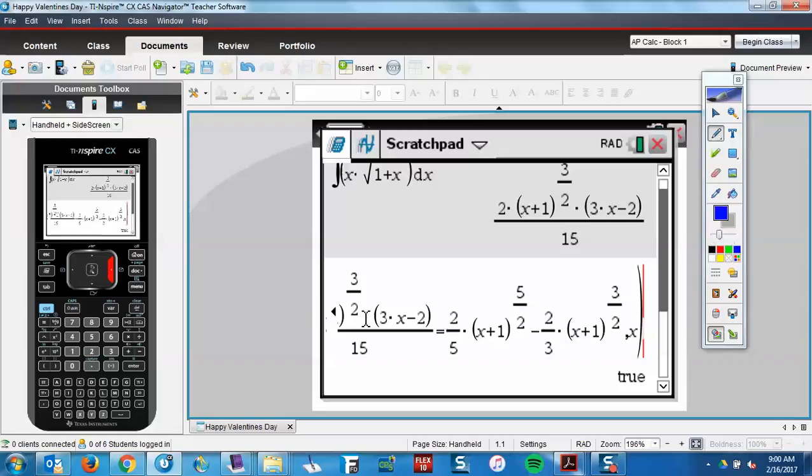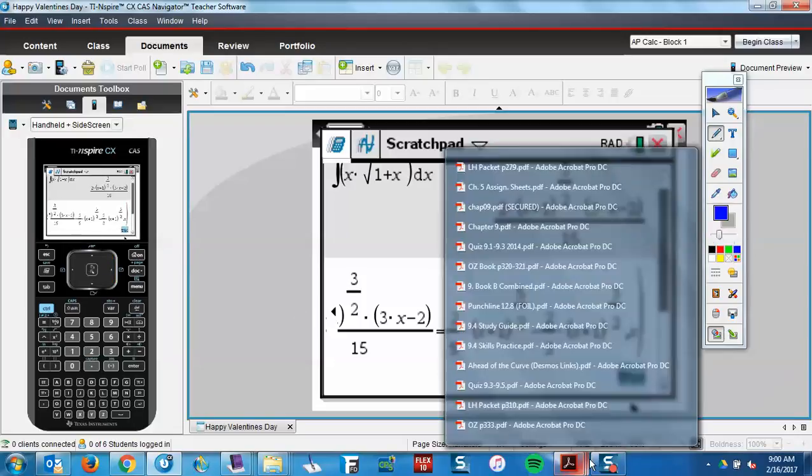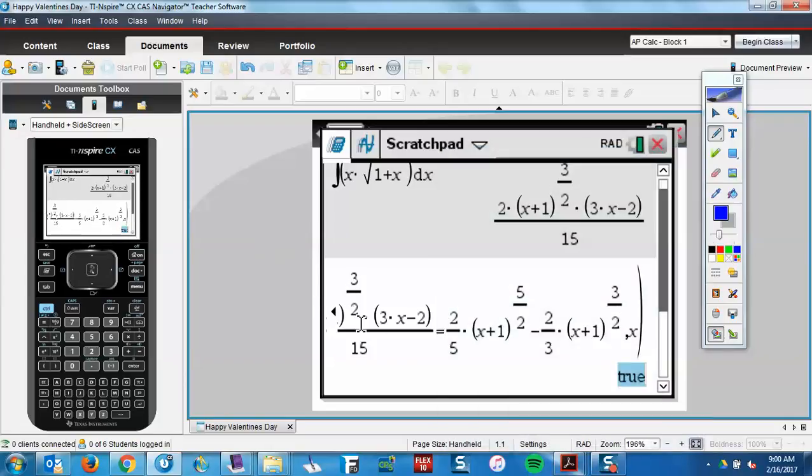I did a solve of that equals that, and you should get true. That's telling you that this is equal to this all the time for all x. It's like solving 3x plus 2 equals 3x plus 2, right? 3x plus 2 is equal to 3x plus 2 for all values of x. They're equal. So when you get true, that tells you they match.